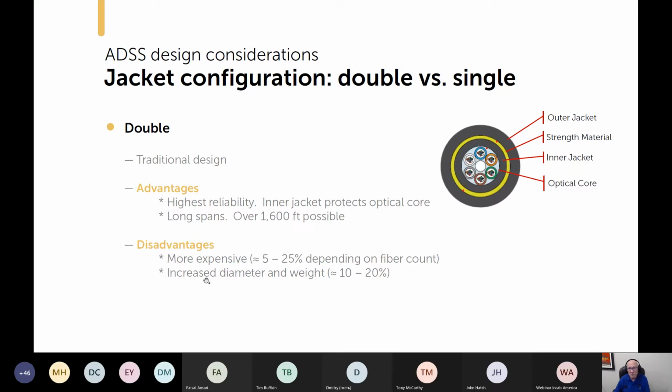Higher diameter, shorter available reel lengths, which might mean more splice points, all else being equal. The hardware gets bigger and has more metal in it, so it can cost more. More structural loading as a consequence of the weight. Plus the diameter means more wind loading as well. So there are disadvantages to this design configuration.